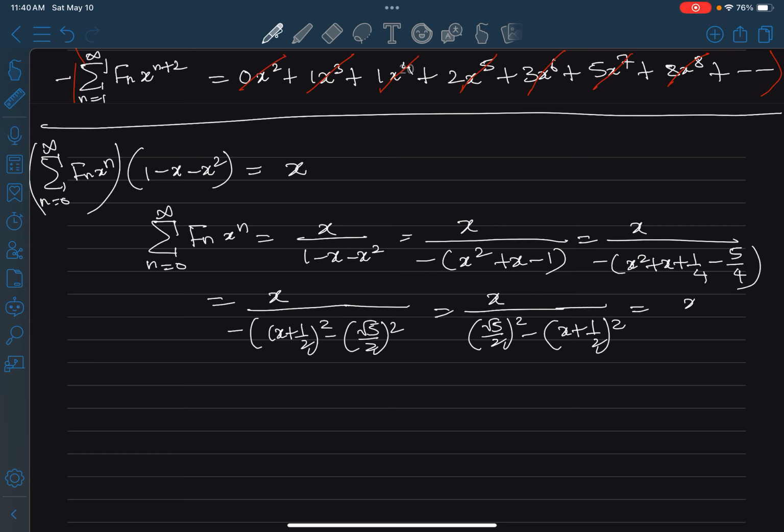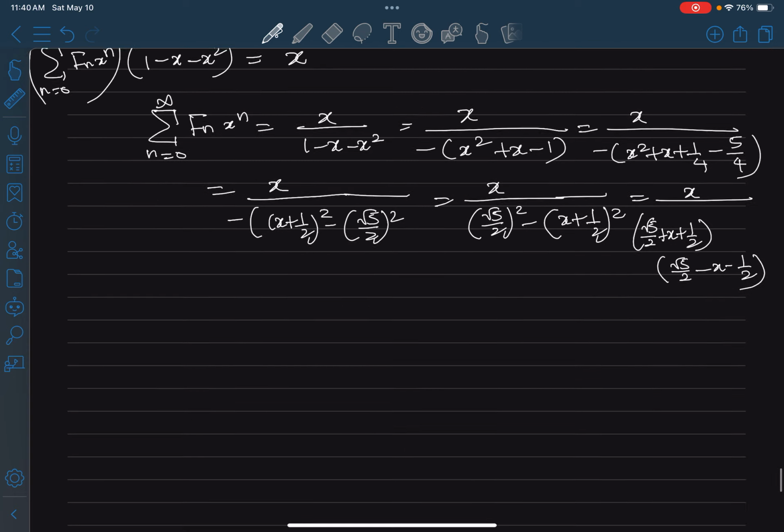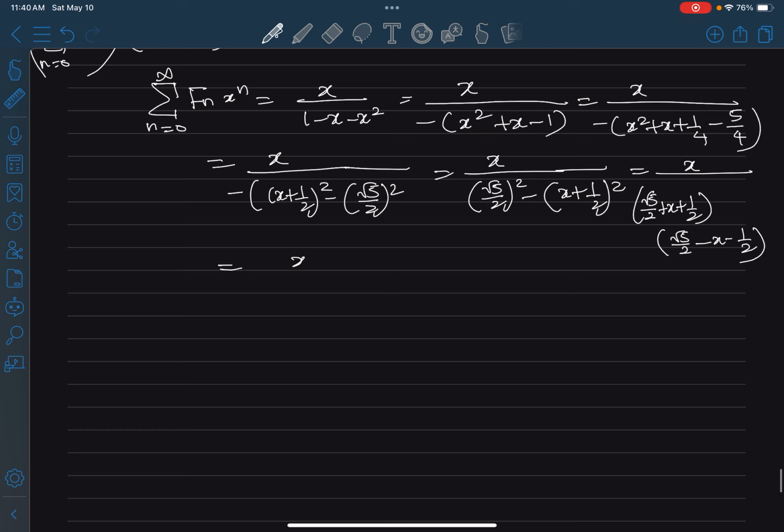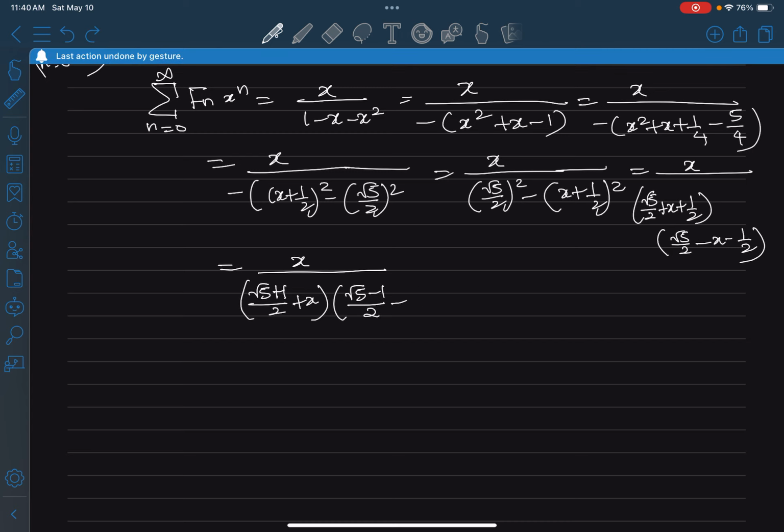So this becomes root 5 by 2 plus x plus half, and then root 5 by 2 minus x minus half, right? So again, this becomes root 5 plus 1 by 2 plus x, root 5 minus 1 by 2 minus x, right?